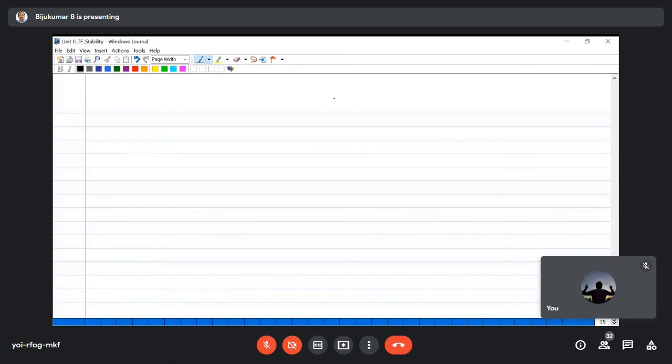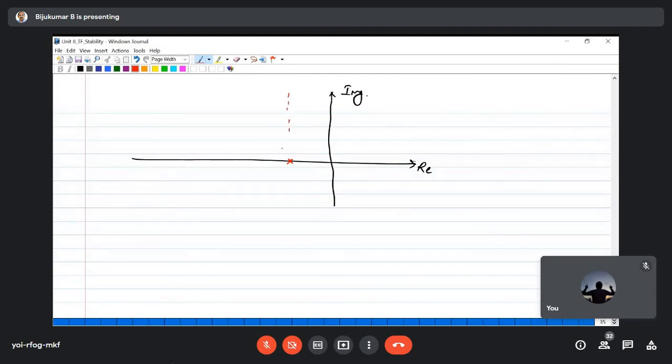So in general, I take it like this. Let this be the real part and this the imaginary part. Suppose I have a pole at this location. It's very close to the imaginary axis.